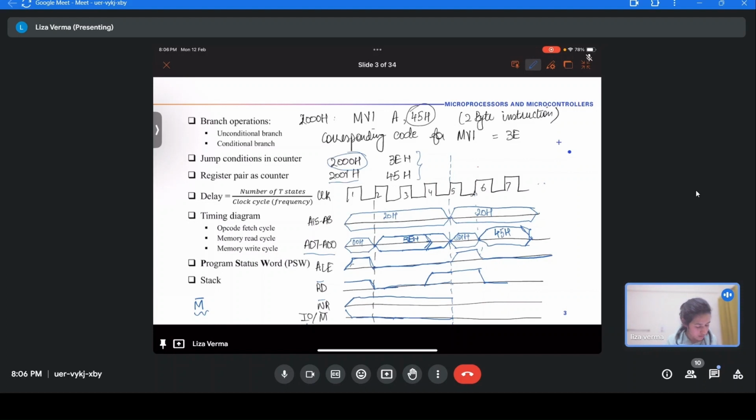Since this data is being read, read will remain low and write will remain as it was. Since this whole cycle was a memory read cycle, this line will remain low. This completes the whole instruction cycle. From T1 to T4 fetching is done. From T5 to T7, the data is being retrieved and it will be moved to A.